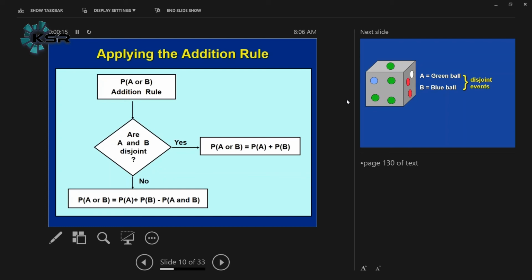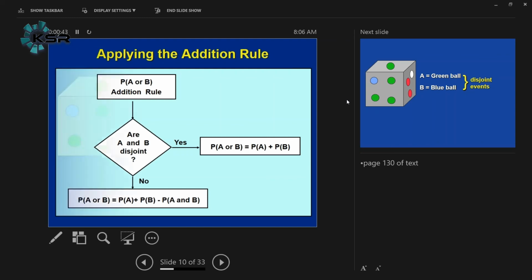Then the formula is P of A or B is equal to P of A plus P of B. If there is a common portion, then P of A or B, which means A union B, is P of A plus P of B minus P of A intersection B. Disjoint means independent, or we can say mutually exclusive events.